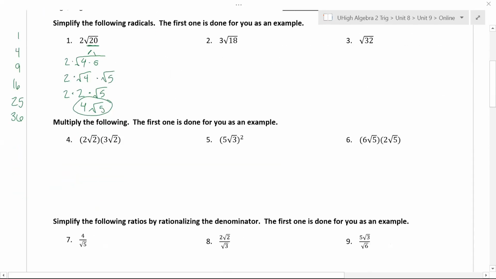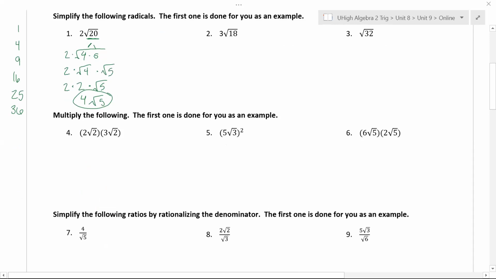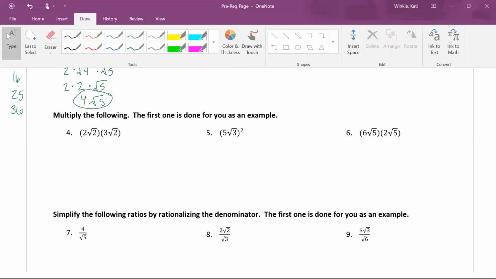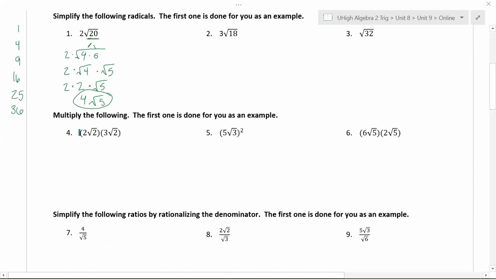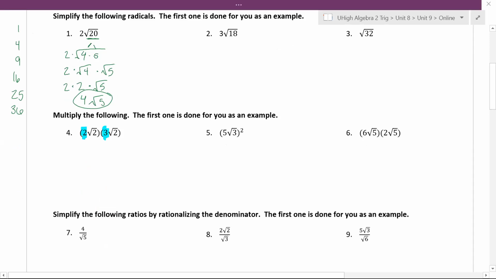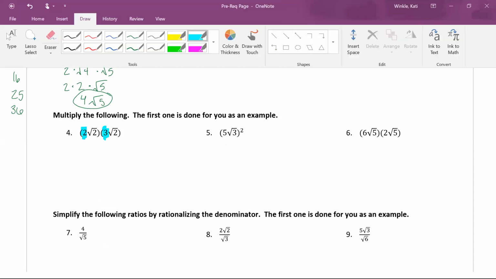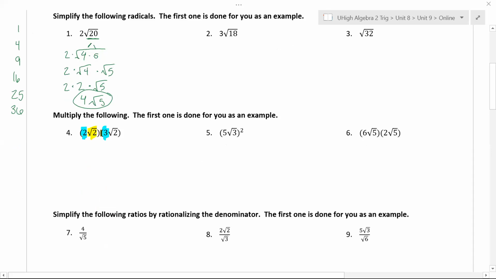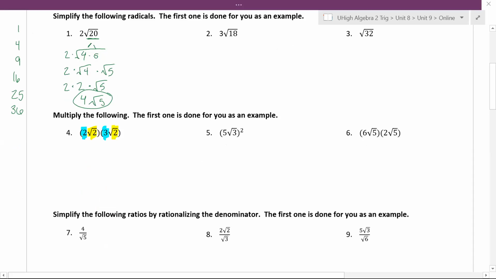All right, let's take a look at number 4 next. We want to multiply the following. So when we are multiplying, we want to be multiplying the like pieces. In this case, I have what's outside of my square root that I want to multiply, and what's inside of my square root that I want to multiply.